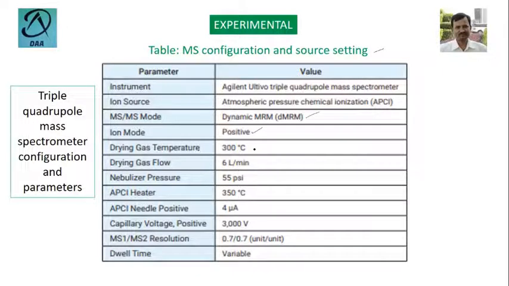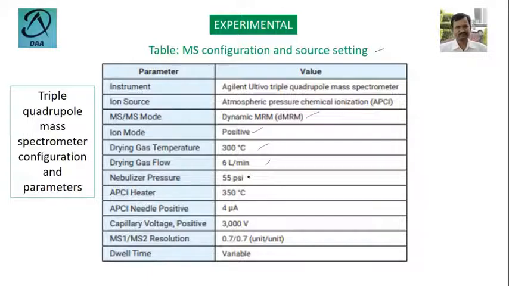The drying gas temperature is 300 degrees centigrade, and the drying gas flow is 6 liters per minute. You need the drying gas; generally we use nitrogen gas, because at the entrance of the mass spec system, when the sample is introduced, it should be dried. That means the volume should be dried, which is why the drying gas flow is needed.